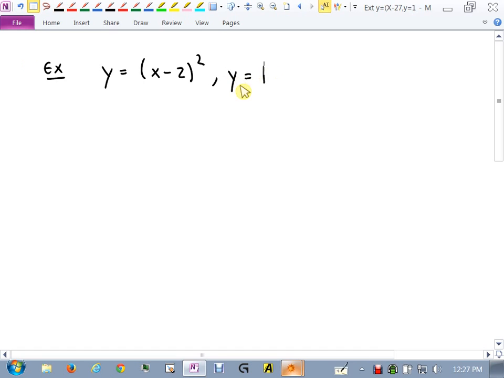The region bounded by this, about the y-axis. I want that region bounded by those two curves, and I want you to rotate it around the y-axis. So does everyone know what (x minus 2) squared looks like?